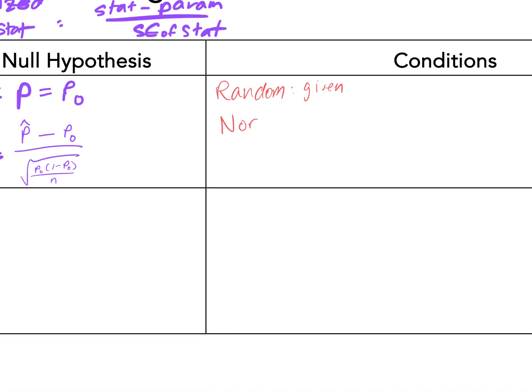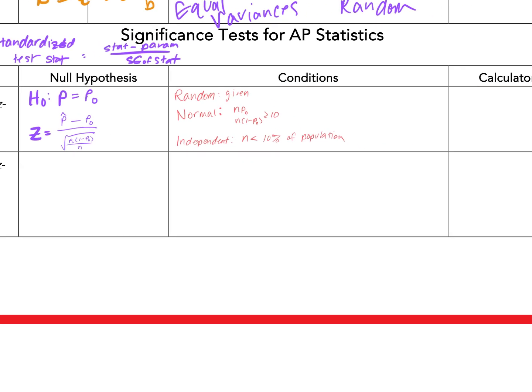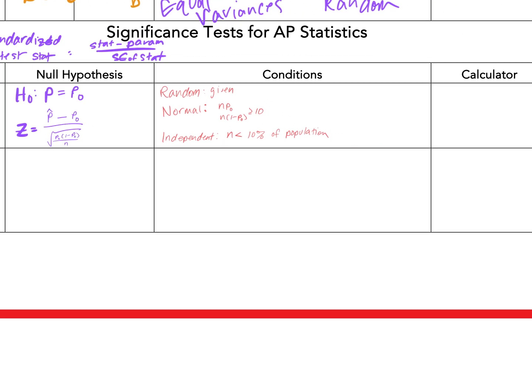Your normal condition here, again, if we have a hypothesized value for P, we use the hypothesized value for P. For independence, N is less than 10% of your population. How are we feeling, okay?